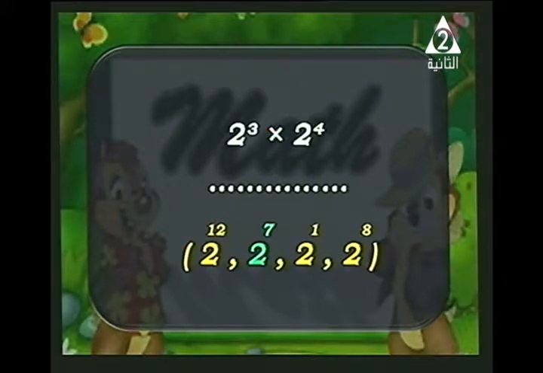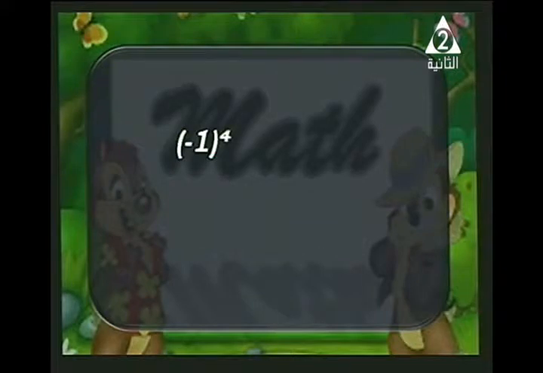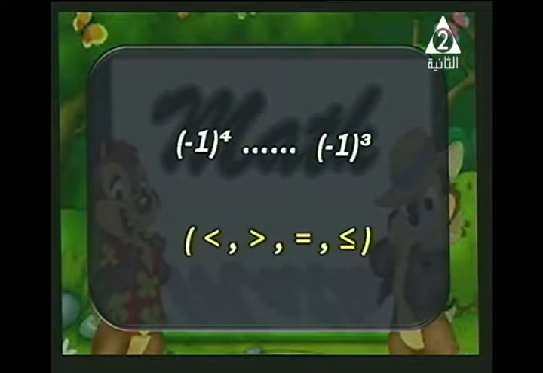Another example. Negative 1 to the power of 4, negative 1 to the power of 3. Is it smaller, greater, equal, or smaller than or equal? At the very beginning, you are going to notice that for negative 1 to the power of 4, the power is an even number.